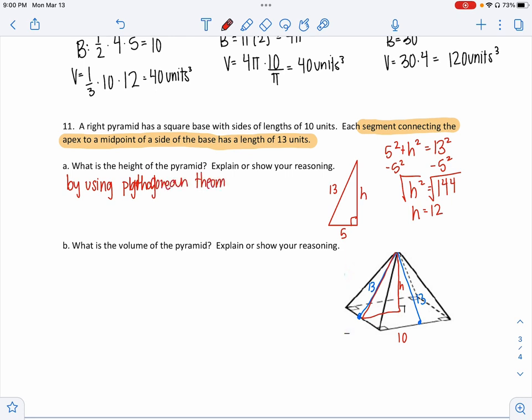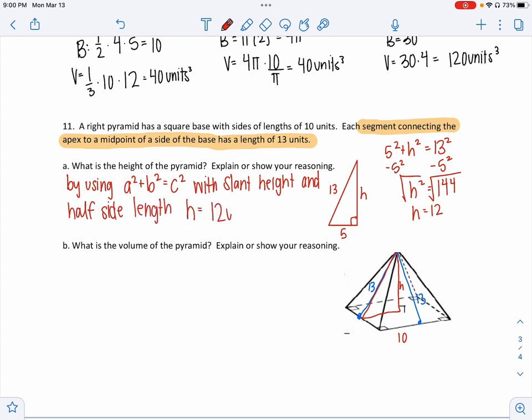That looks messy. Try that again. Maybe I'll just say a squared plus b squared equals c squared, with the slant height and half side length. H is equal to 12 units.